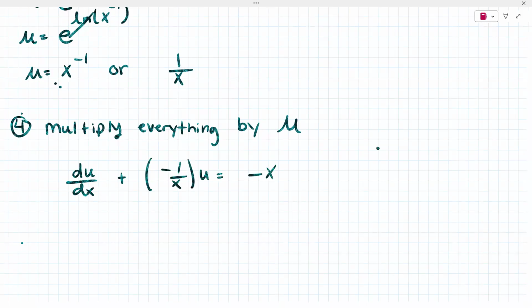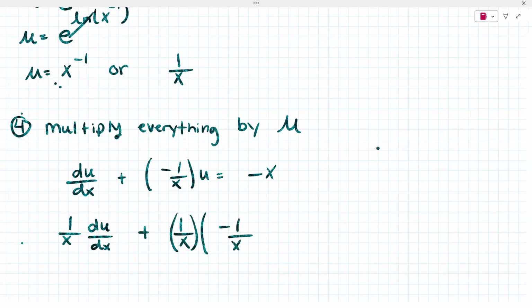So you're going to multiply everything by mu. Our mu is 1 over x. So it's going to be 1 over x du dx plus 1 over x times -1 over x u equals 1 over x times -x.